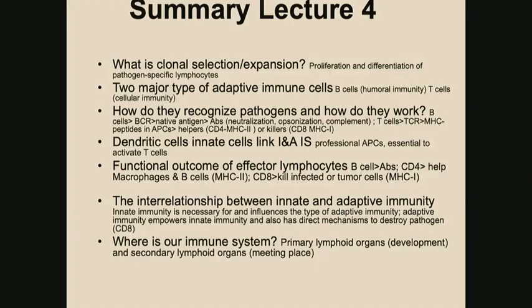So which other way does adaptive immunity empower innate immunity to fight the pathogen? Yes. The complement, right? They use the complement, enhancing complement activation to destroy the pathogen. Excellent.